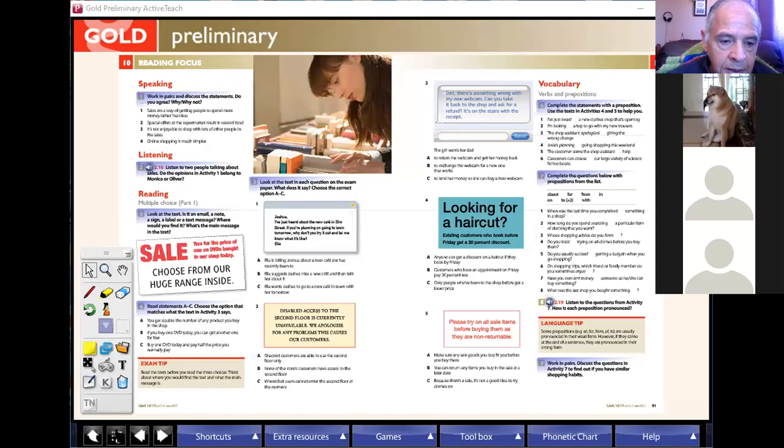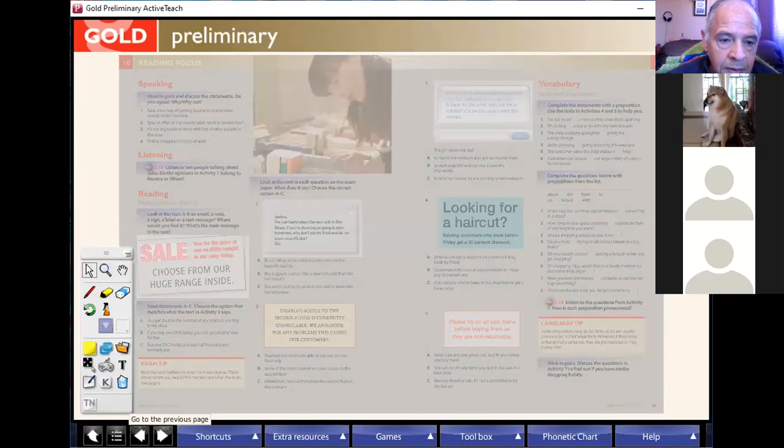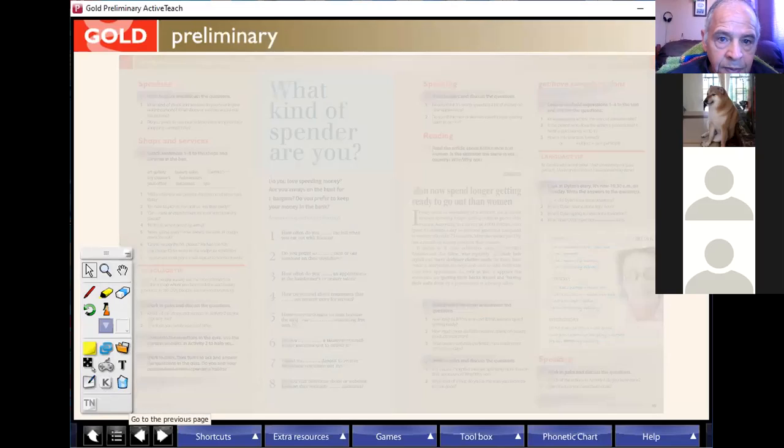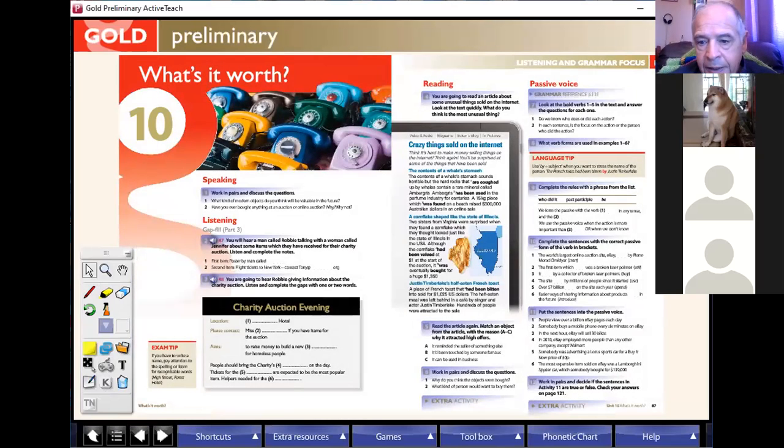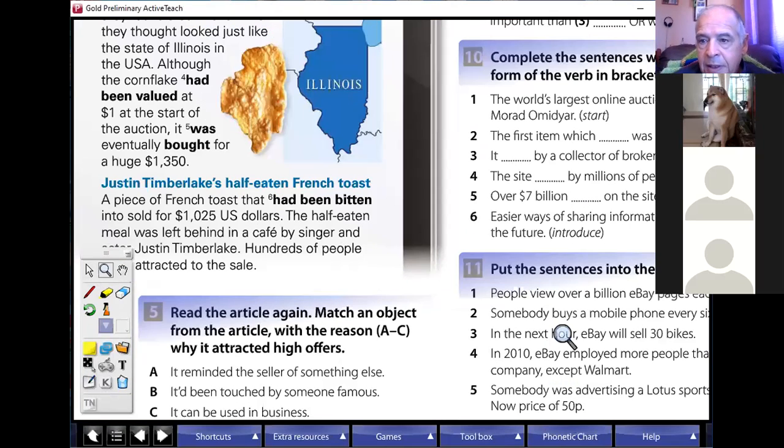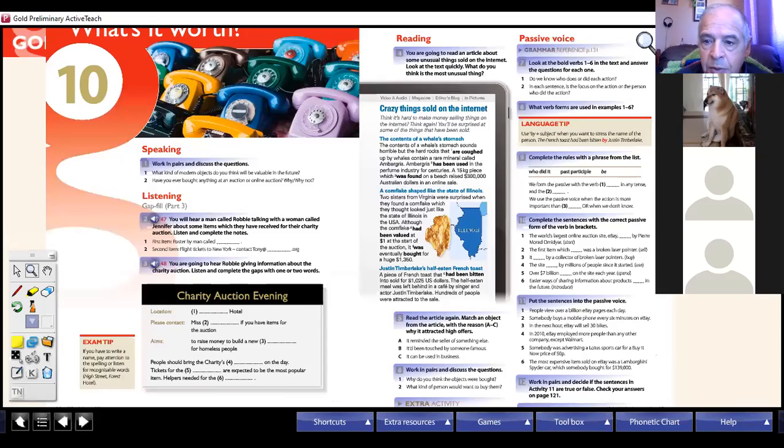Let's see. In here, at the end, it says, put the sentences into the passive voice. We're going to do only one, because it's the same thing that we were doing just a moment ago.